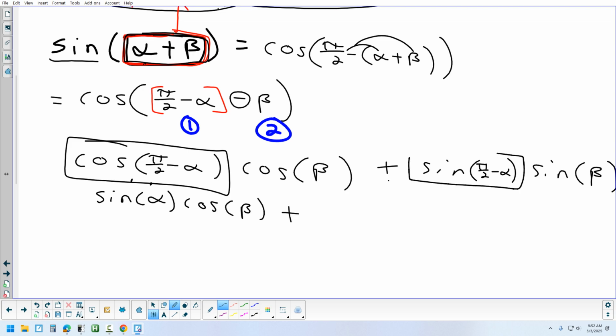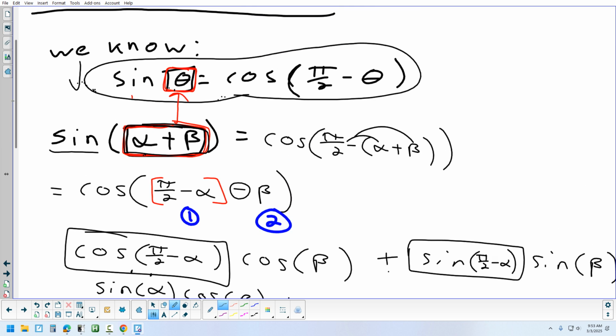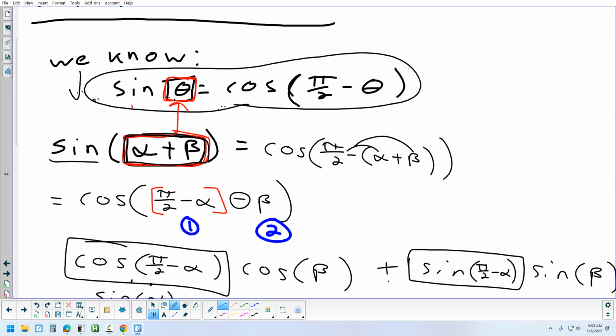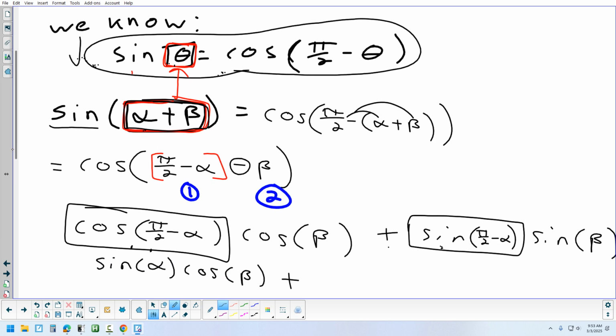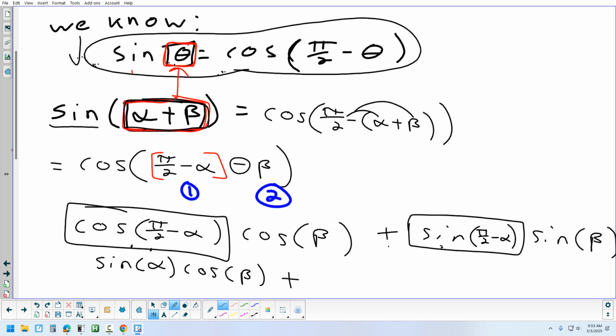This one we did not prove, but it's very similar to the one we did prove. Does anybody have a guess, if we went through and proved that one, what the sine of pi over 2 minus alpha would be the same as? It's very, very similar to this one. Negative cosine of alpha? Nope, even simpler than that.